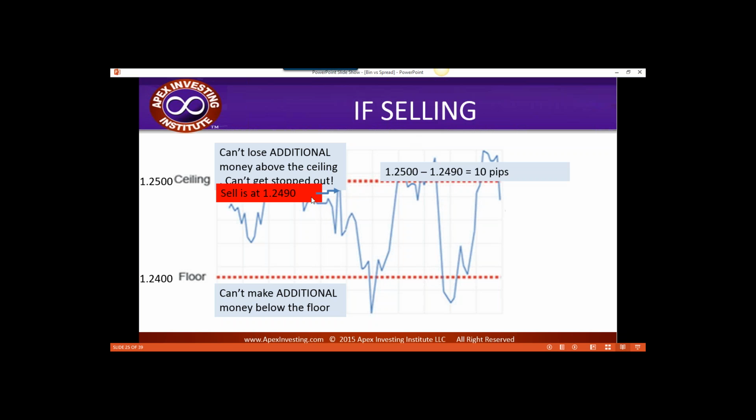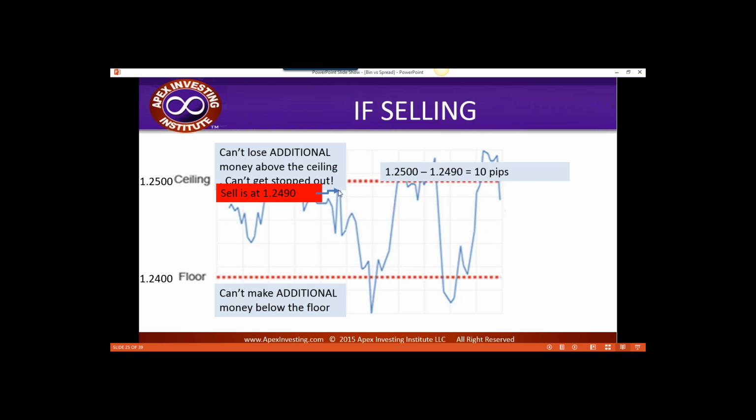So for example, let's say I sell, and when I sell, the market's right here at 24.90. That's where I enter a sell order saying the market's going down. Well, the ceiling is right here at 2,500. So 2,500 minus where I sold at, 24.90, is 10 pips.